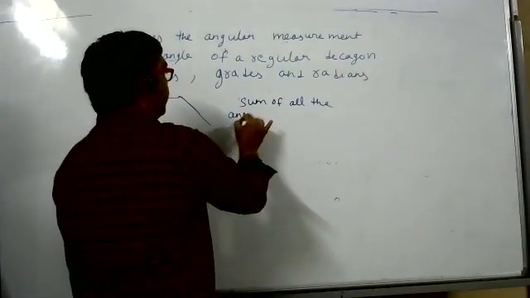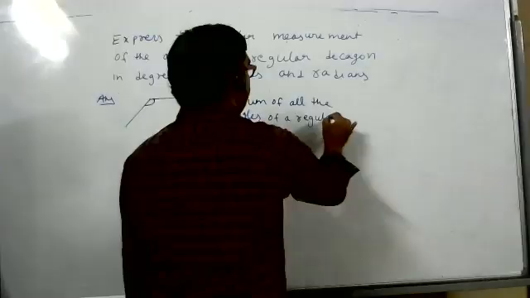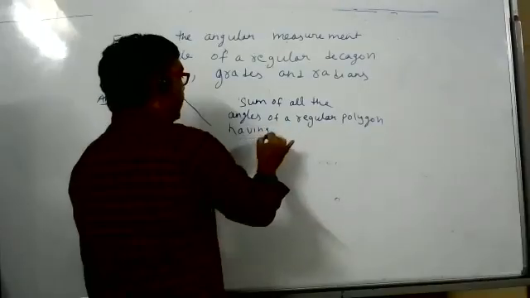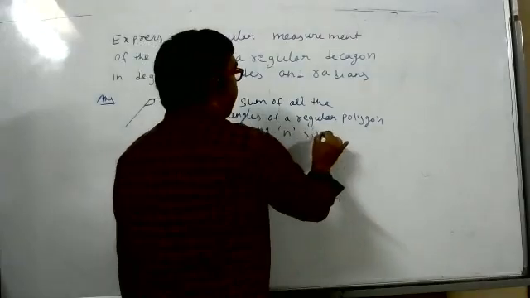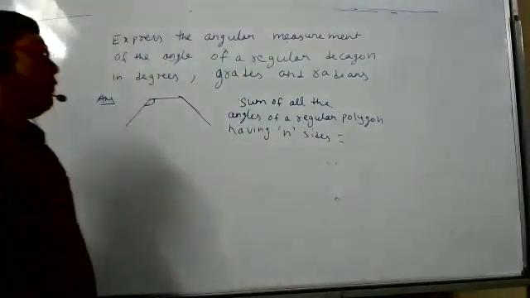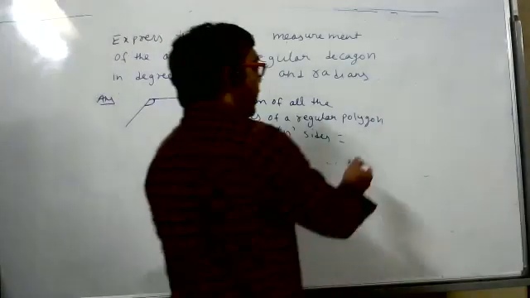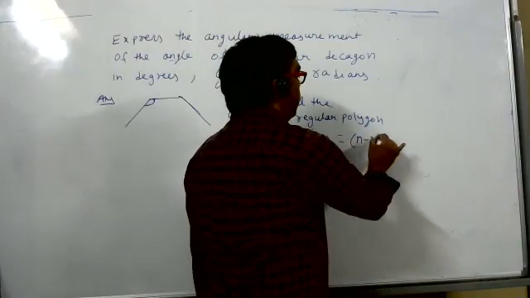Sum of all the angles of a regular polygon having n sides, how to find it? N sides means what is the formula? One way to write is n minus 2 into 180 degree. Nobody knows this formula?